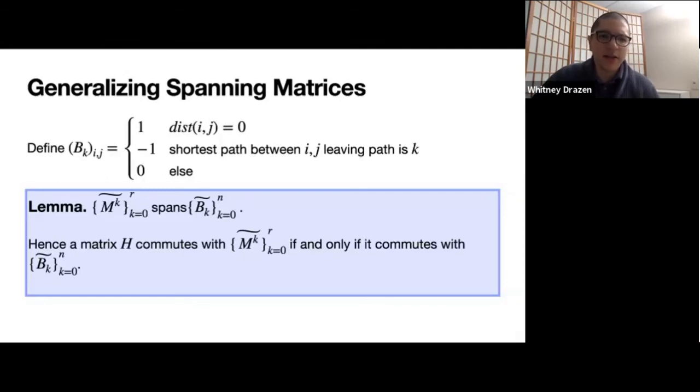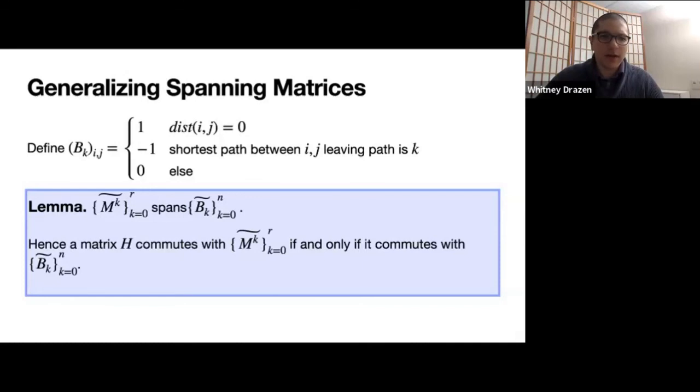And it turns out that the powers of M to the k actually span these B sub k matrices. So what that means is that since these B sub k span the restricted powers of M sub k, something commutes with B sub k if and only if it commutes with the M sub k.